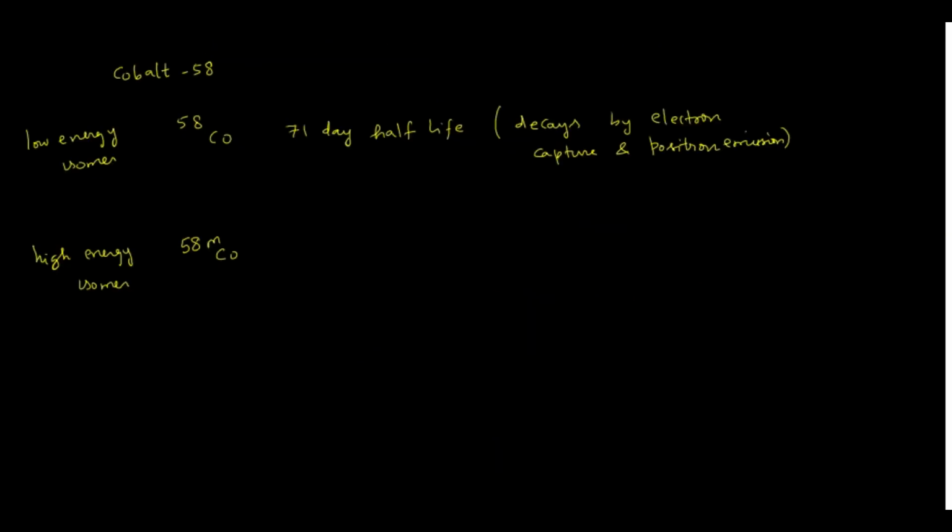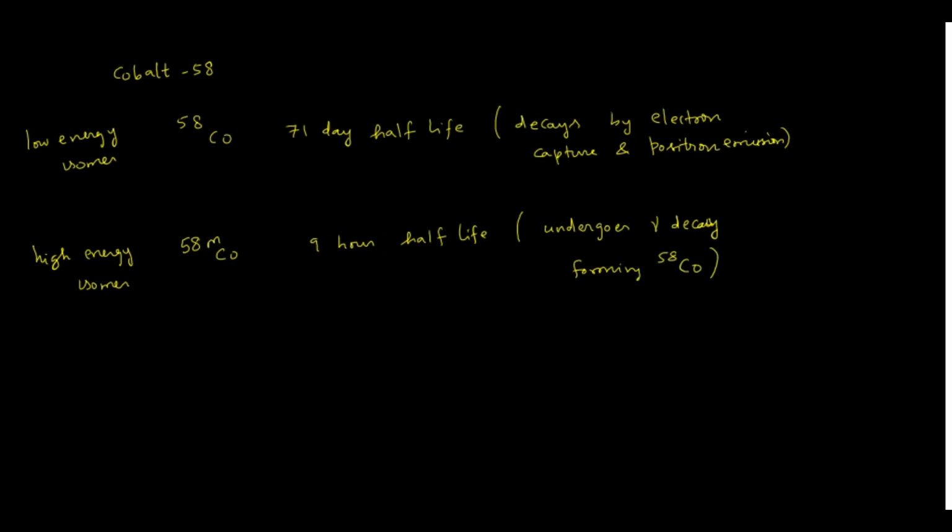So this is cobalt, and this has a 9 hour half-life, and undergoes gamma decay, forming cobalt 58. So this is about isomers.